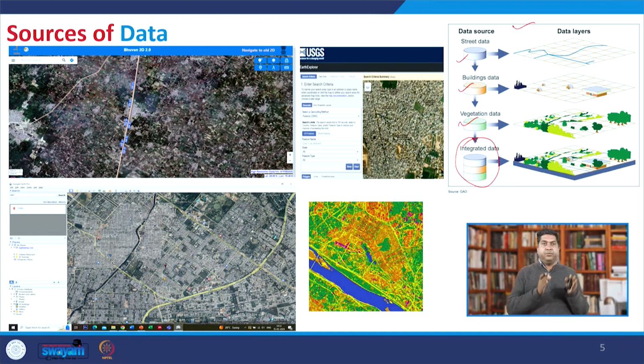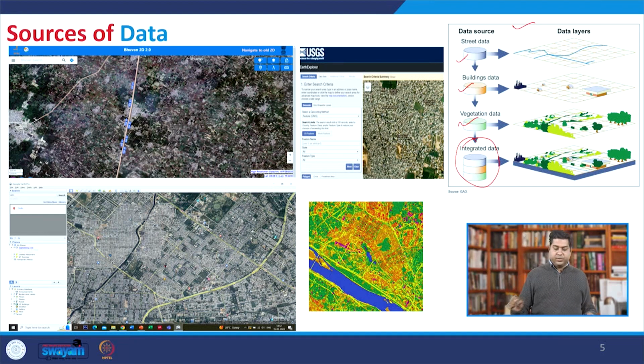Now where can we get all those satellite images which we can further use and analyze? There are different open source platforms from where you can get satellite imagery. For higher resolution, we can also get it from Bhuvan 2D or Bhuvan 3D, which is our Indian product, and ISRO is taking care of it. We can also use Google Earth Pro.